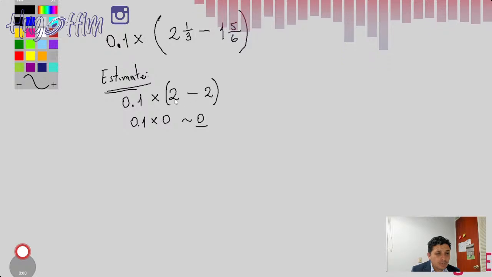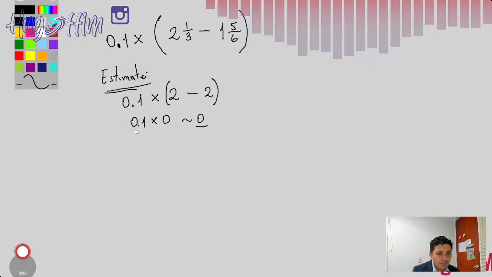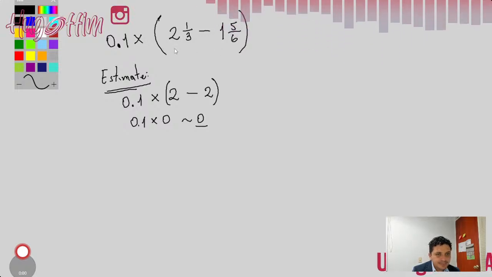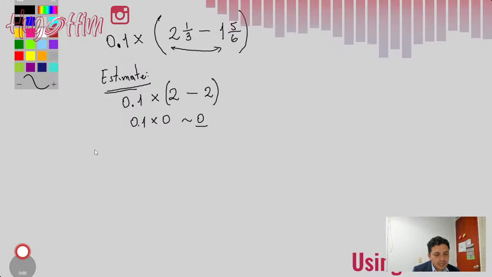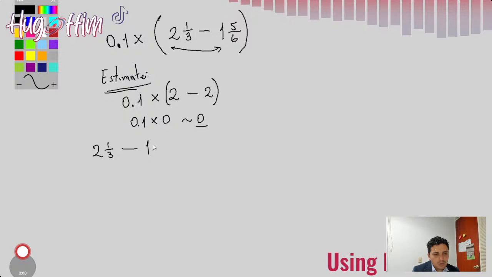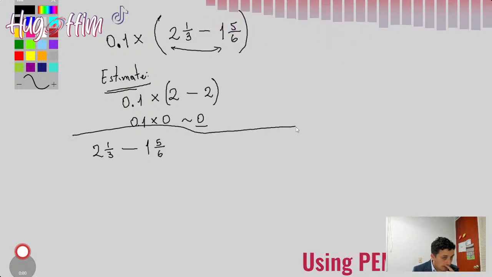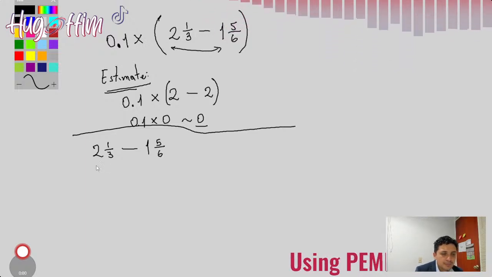In this case, observe that first I do the parentheses, then I multiply the parentheses by 0.1. So first I'm going to get this parentheses. So I'm going to do the operation. I need to start with 2 and 1/3 minus 1 and 5/6. Let's perform the operation.